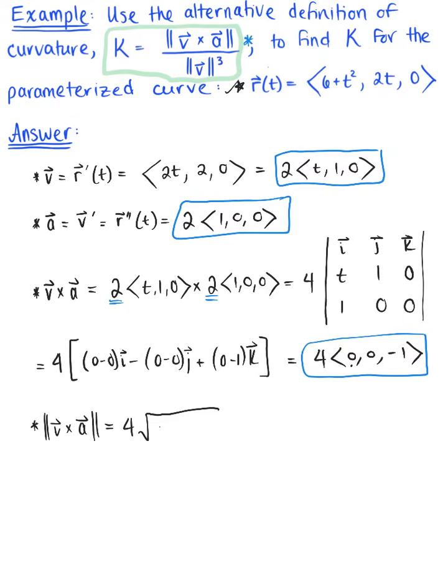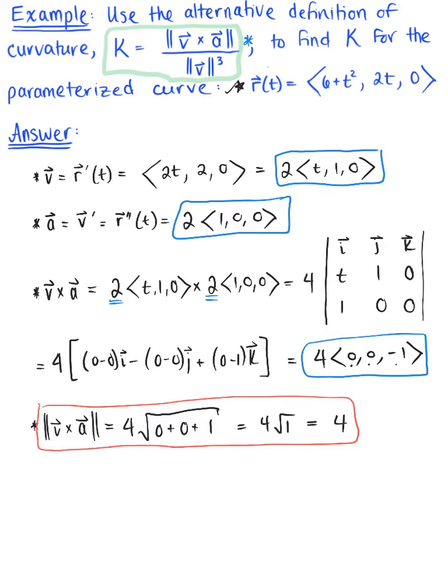So we have 0 squared is 0, plus 0 squared is 0, plus negative 1 squared is 1. So we have 4 multiplied by the square root of 1, which is just 4. So this is the first component, the numerator of our alternative definition. And now we're ready to find the denominator.